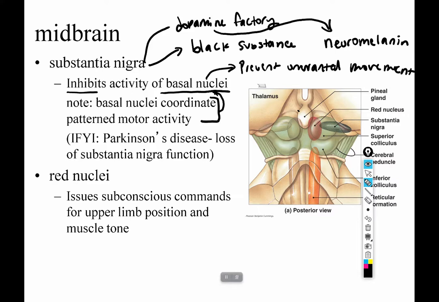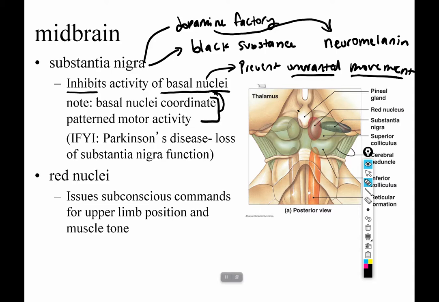So let me just address unwanted movement very, very briefly. One thing that we don't teach you in A&P here, but is relevant to know, is that we've taught you that action potentials only happen in response to stimulation, and that's not actually true. All of our neurons have some basal rate of spontaneous depolarization, usually in response to just the shifting of the ion concentration.